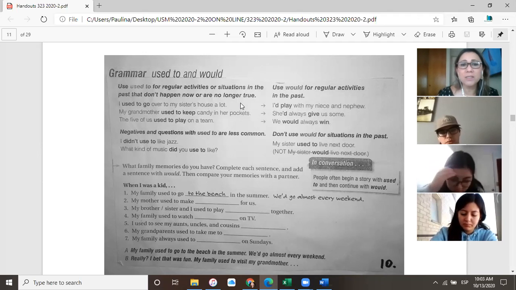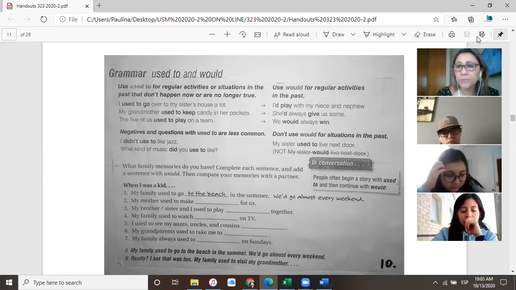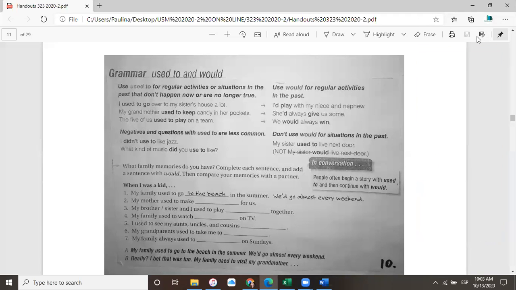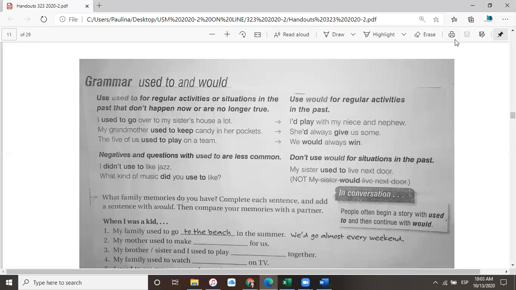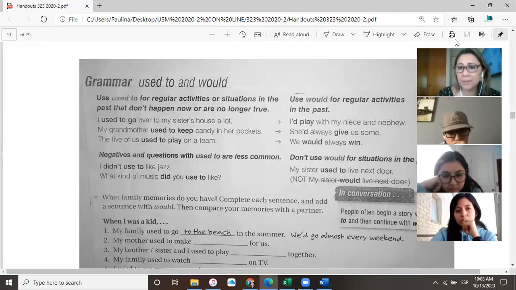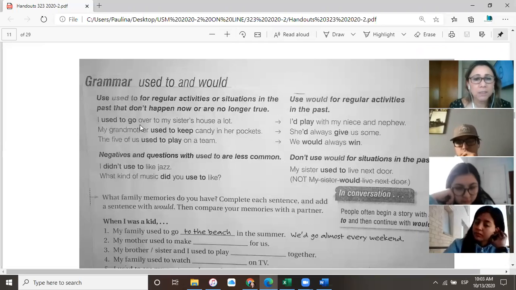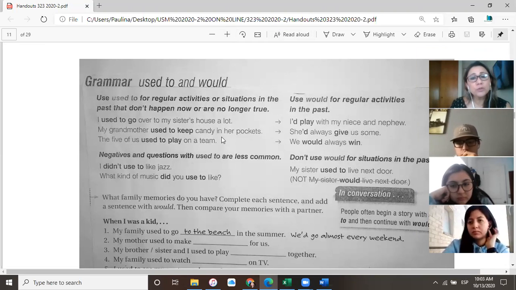And you know this because you have studied used to before, yes? So you can say, I used to go to the beach. I used to go to El Quisco every summer, yes? And my grandmother used to keep candy in her pockets.